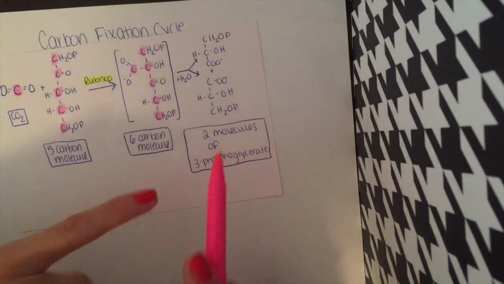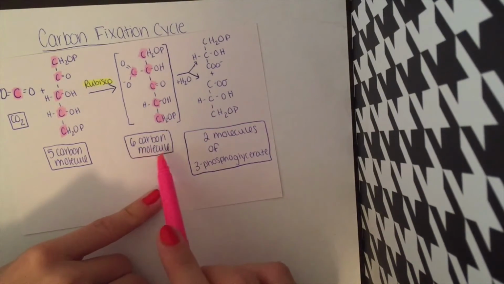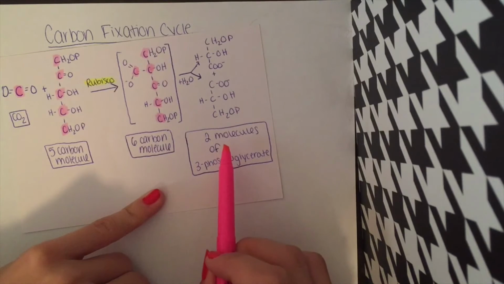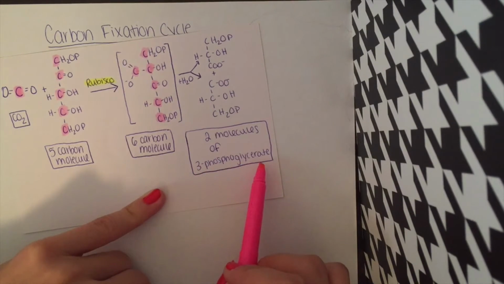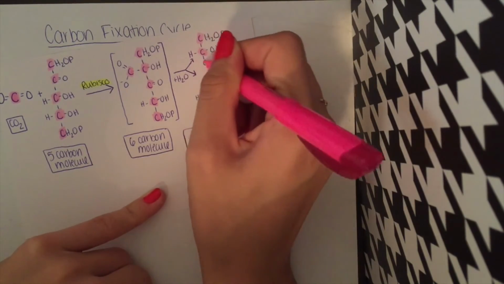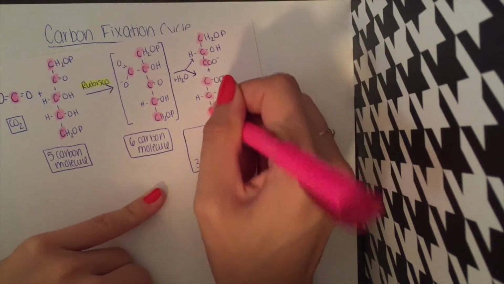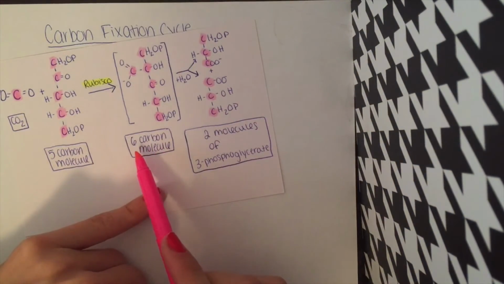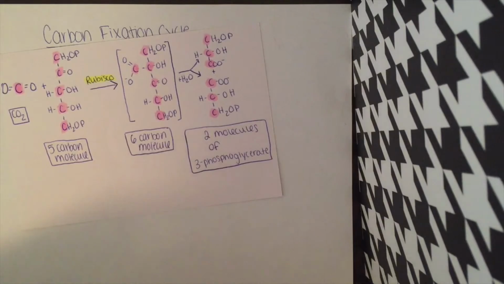Then, using water, we're able to split that 6 carbon molecule up into 2 molecules of 3-phosphoglycerate. Now these are 2 molecules that each have 3 carbons. That makes sense, right? Because if you have 6 carbons divided by 2, you get 2 3-carbon molecules. That's really all that we have to know.